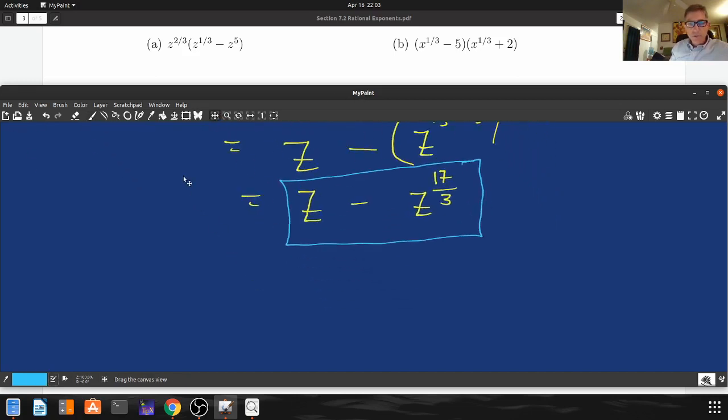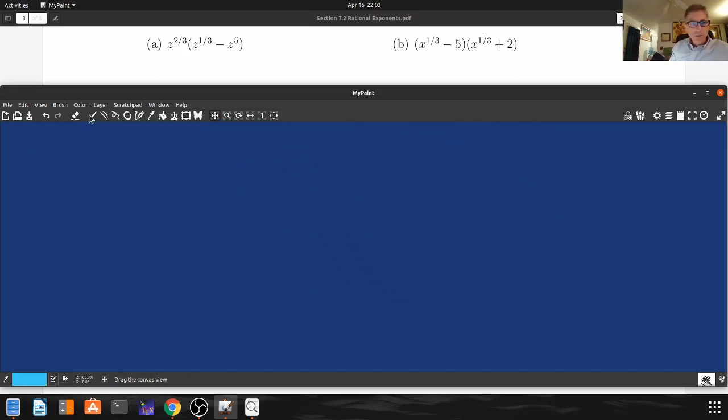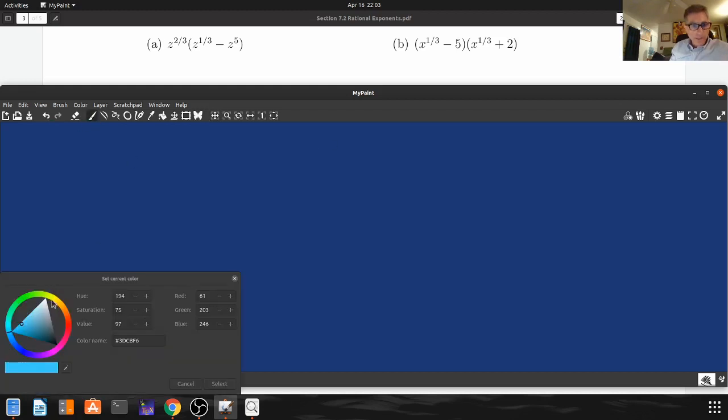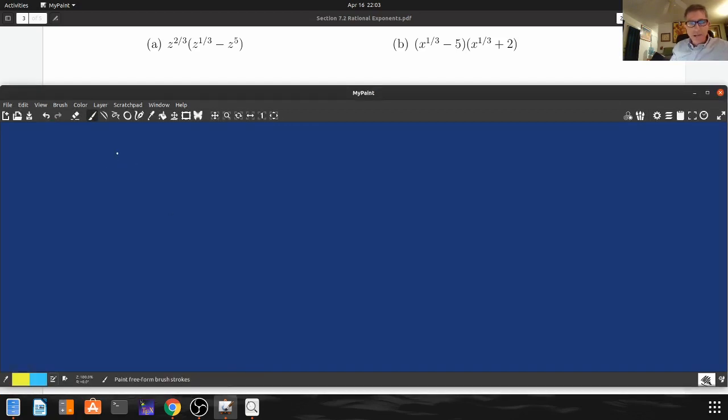Now let's do again. Just a reminder, we're doing binomials, but they're not really binomials because I'm going to ask a question of you here. Why is x to the 1/3 minus 5 not a polynomial? Anyone have any idea?